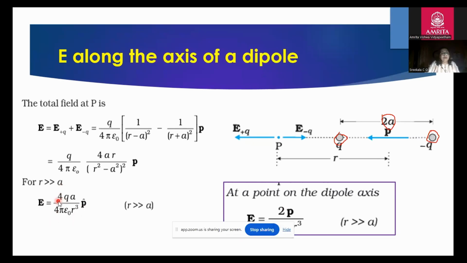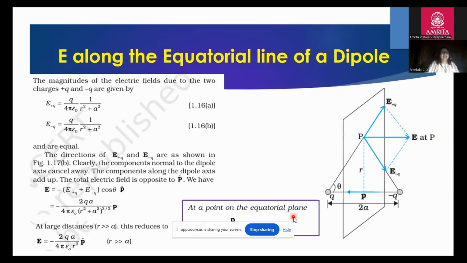So you know that value. So always study like this: 1 by 4 pi epsilon 0 as a single quantity. So 1 by 4 pi epsilon 0 into 2P by R cube, and the direction of E will be the direction of P. Okay. Next, the dipole along the electric field.